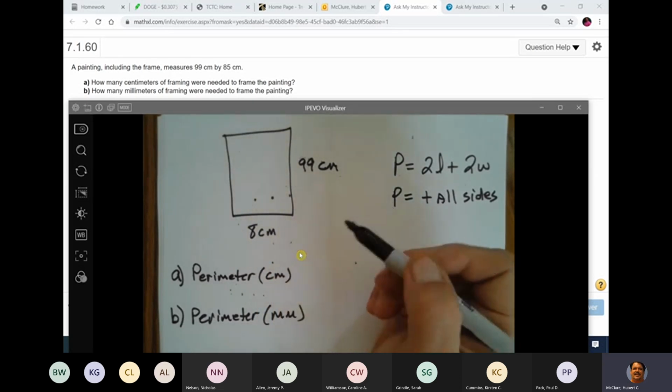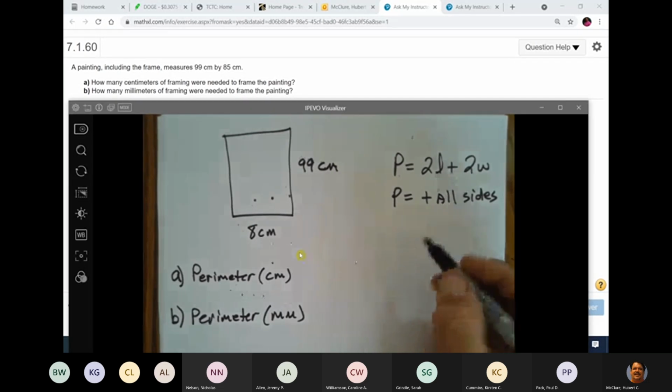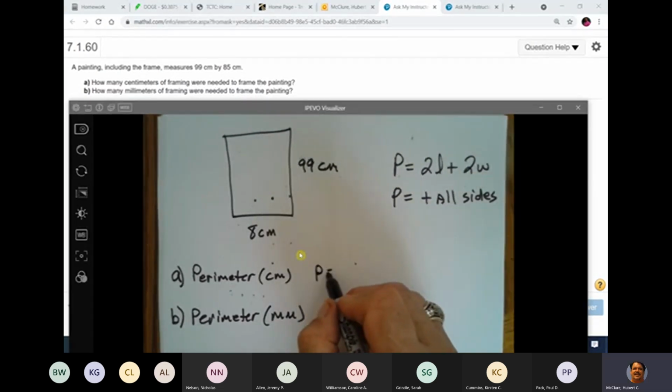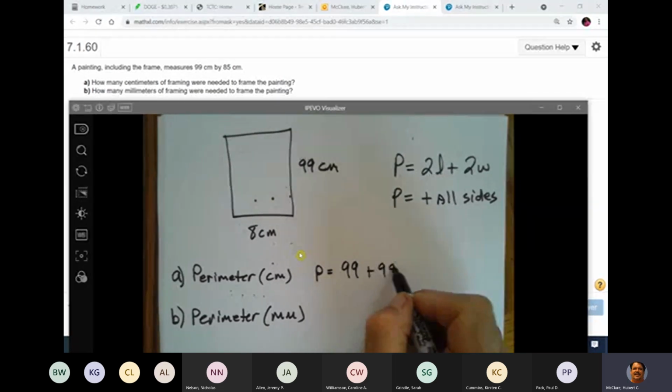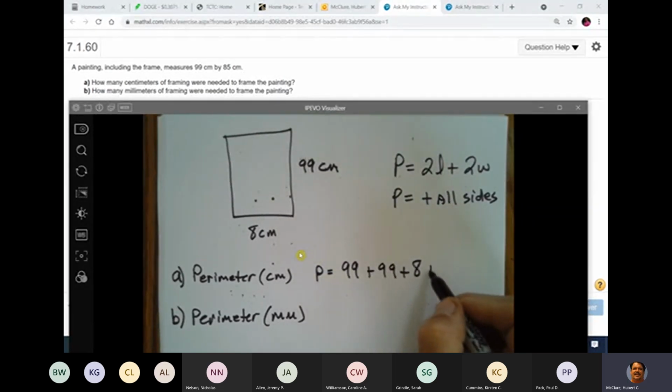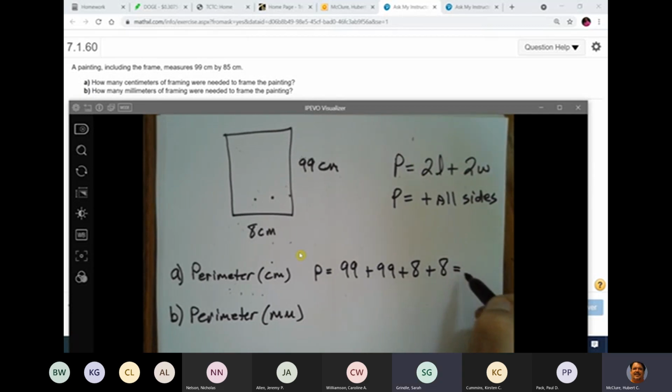So 214, somebody check my math. So perimeter is equal to 99 plus 99 plus 8 plus 8. I said 214. What'd y'all get? I got 214, yeah. It's a miracle. Centimeters.